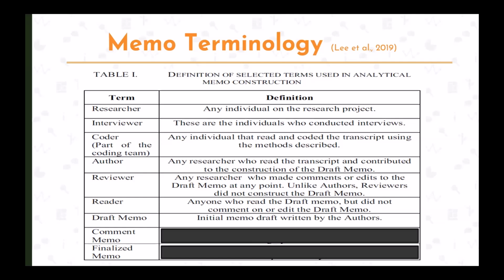It would be a very impractical exercise, and you might not actually get that much for the effort. So what we often do is divvy up the work. And so people are wearing multiple hats. I may be a coder for participant 1, but a reviewer for participant 5. And the other researcher is vice versa, right?